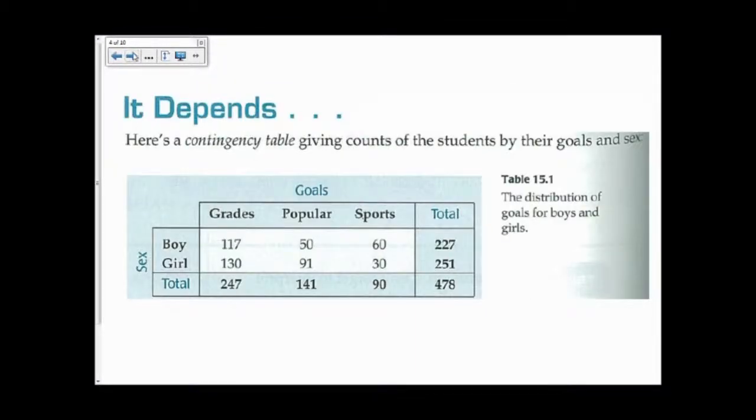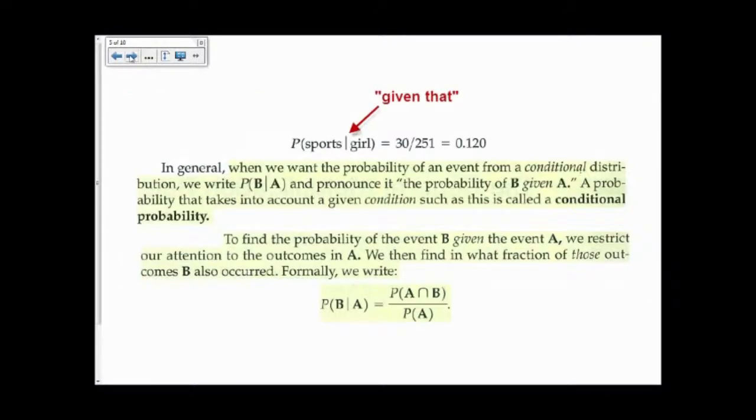The next idea we talk about, before we talk about the general multiplication rule, because there is one, is conditional probabilities. Hopefully you remember contingency tables, because it's kind of related to this idea. Conditional probability is the probability that something will occur given that some condition exists.